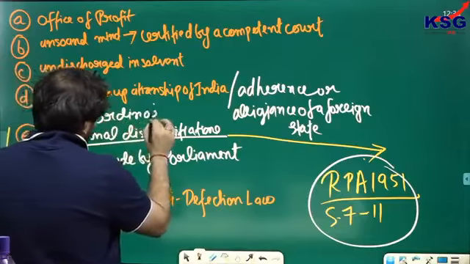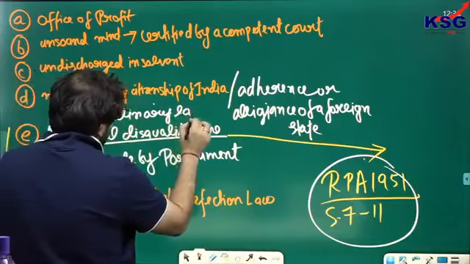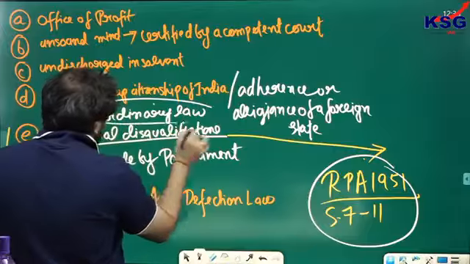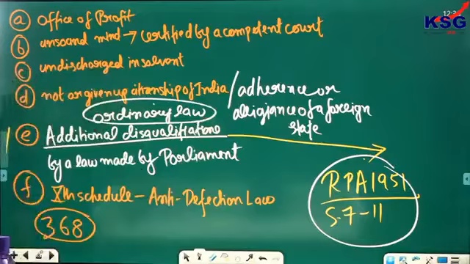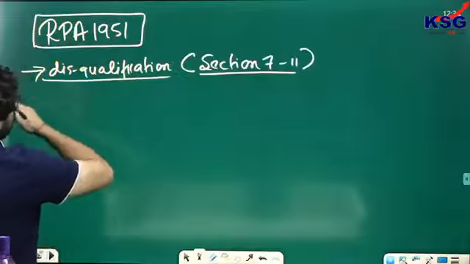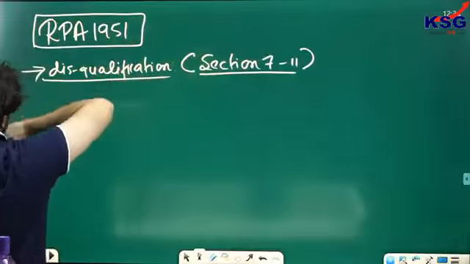So, the special provisions given under Article 368 are not needed to amend the sections of the RPA, right? So, some fixed provisions have been given by the Constitution with regard to amendments, and then there are some variable positions which can be varied by the Parliament from time to time, right? I want you to keep this in mind very clearly. Okay, disqualification. Let's take a look at this.